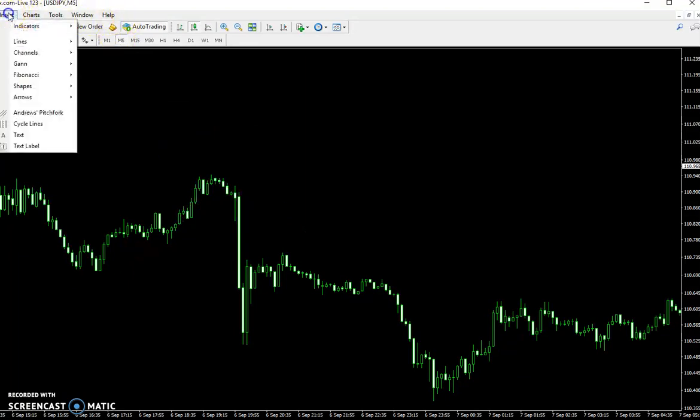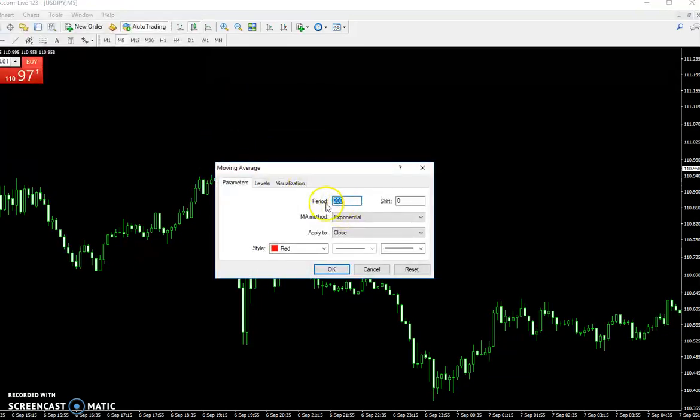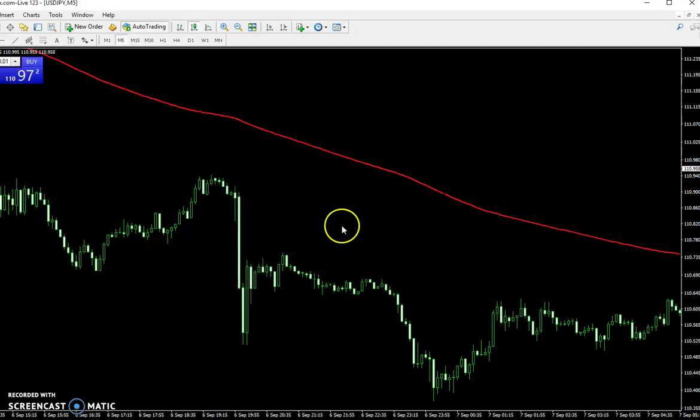So anyway, what I like to do first of all is insert the indicators. Trend, moving average, period is 200, method exponential, and I like the color red because it looks good on the black background.